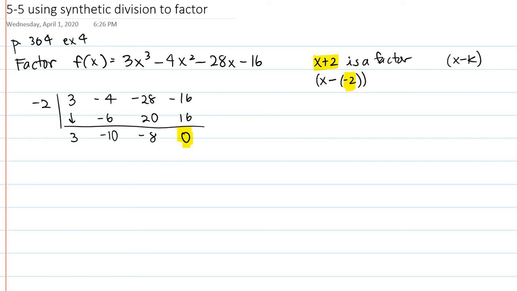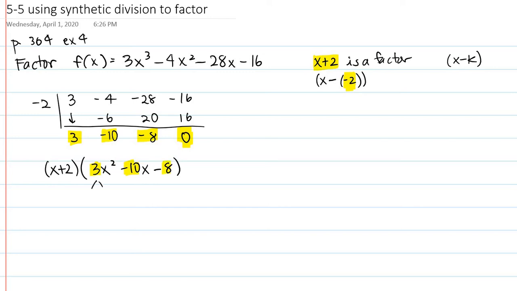So we now have this factored polynomial. We would have the x plus 2, and then we have 3x squared minus 10x minus 8. And notice these values correspond with the coefficients in the trinomial.